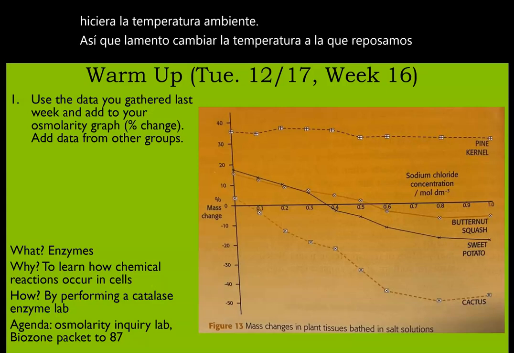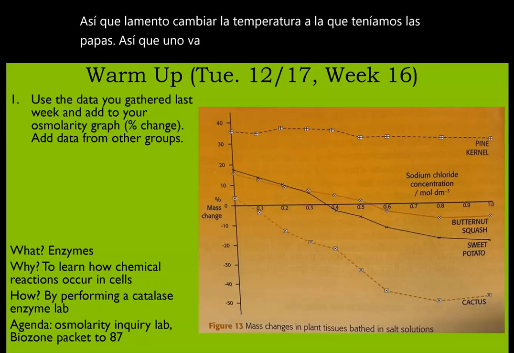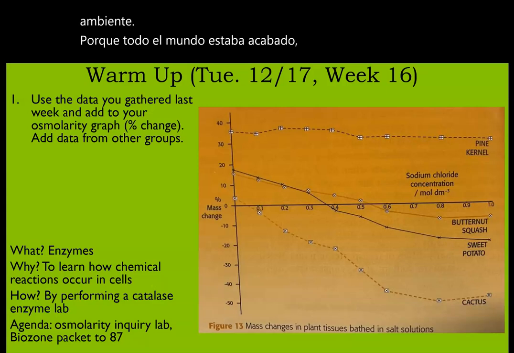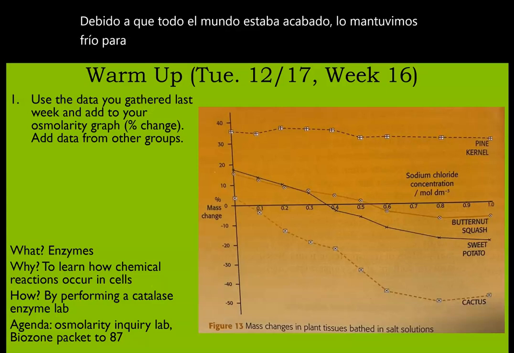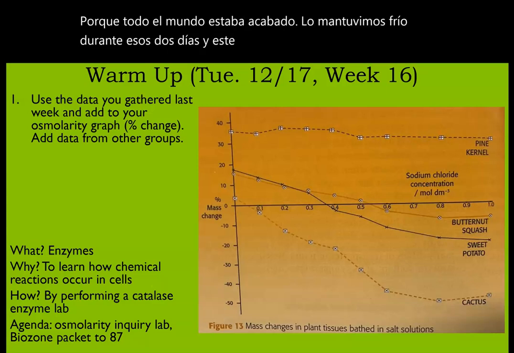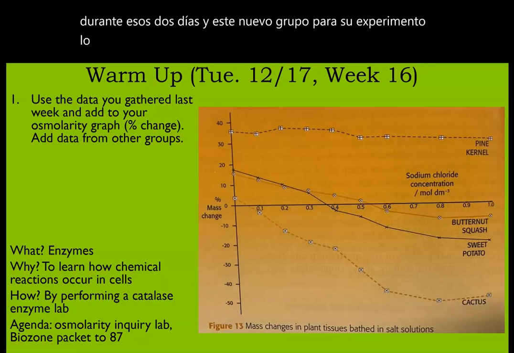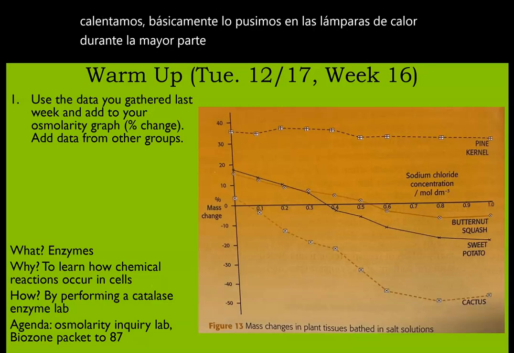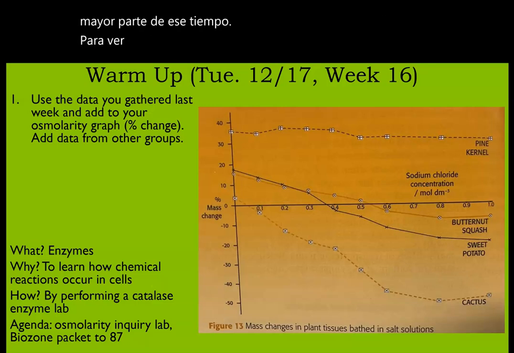One's going to be labeled room temperature, because everybody else kept it cold for those 2 days. This new group left it at room temperature, and then we heated it basically. We put it on the heat lamps for most of that time to see how it affected that osmolarity data.